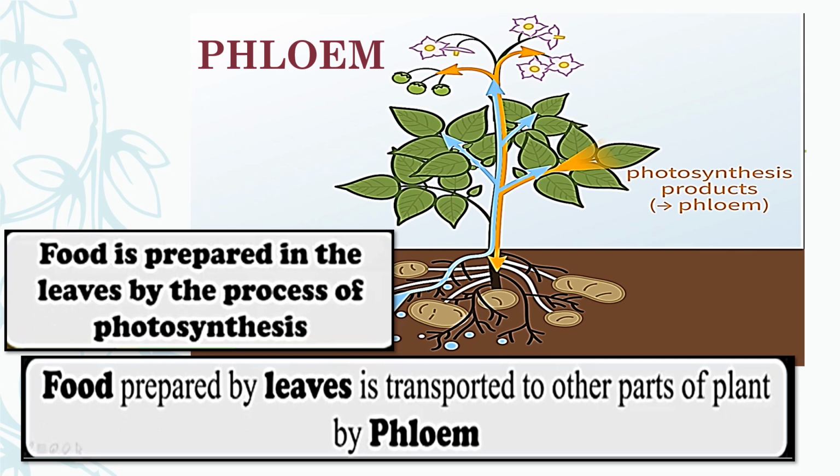Now, we also know that food is prepared in the leaves by the process of photosynthesis. This food is transported to other part of the plant again by the stem with the help of special tubes called as phloem.